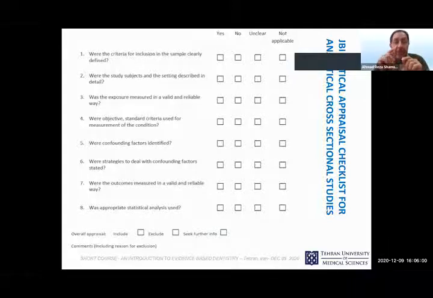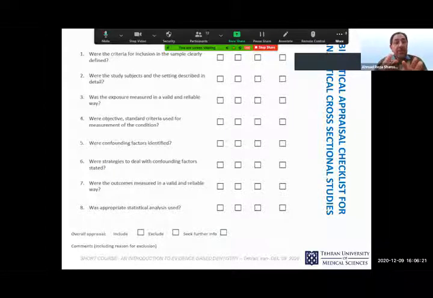So if you want to decide on a specific treatment for your patient, and the characteristics of the patient are included in the eligibility criteria of this study, the results of this study may be relevant to your patient.